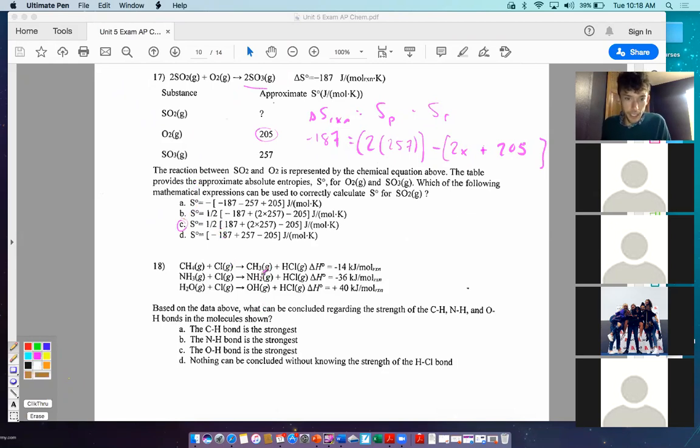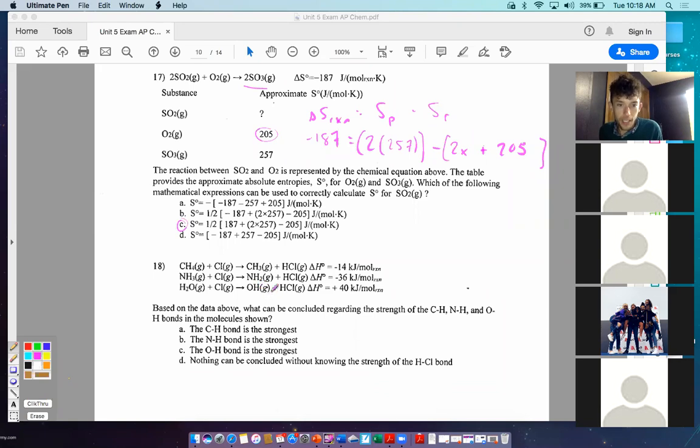Okay, question 18. What can be concluded regarding the strength of C-H, N-H, and O-H bonds in the molecules shown above? I'm given the enthalpy change of the overall reaction for each of these processes.